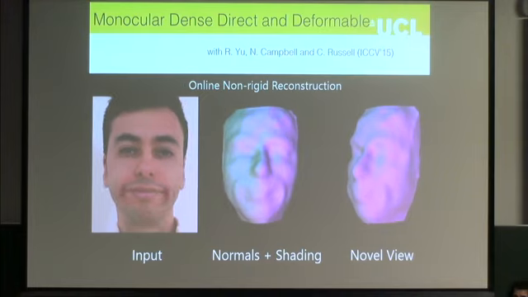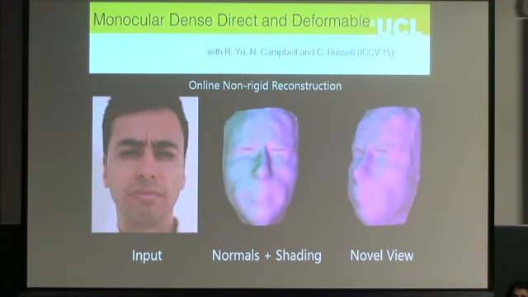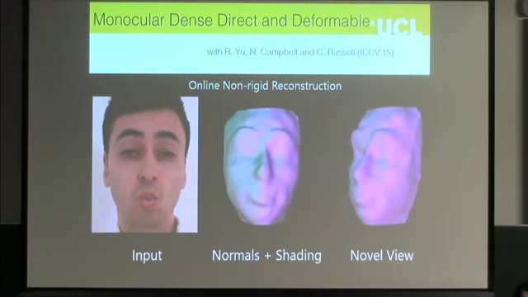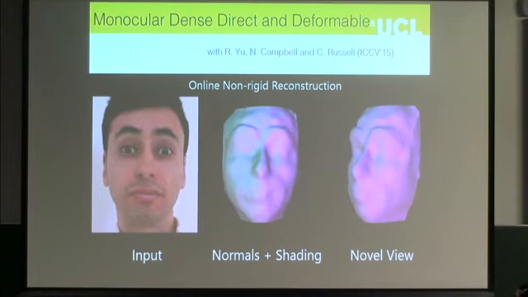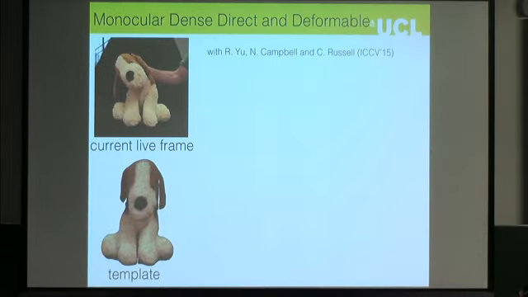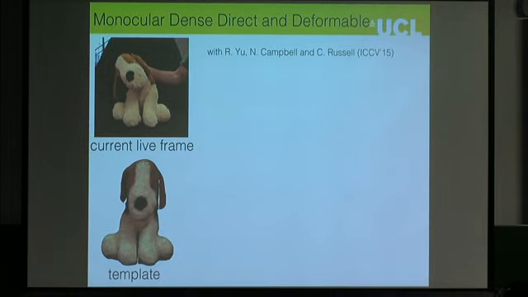So what we want is that when we reproject a point onto the image, the color of that pixel is actually the same as the color of the corresponding vertex on the template mesh. So this is the definition of the problem.